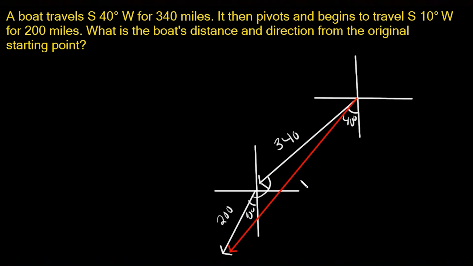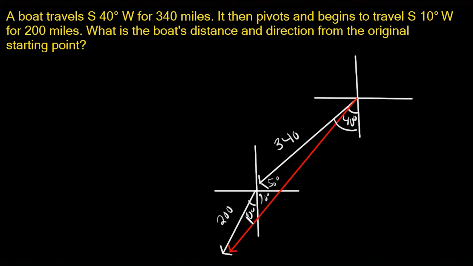Well, remember alternate interior angles. We know that this entire angle right here is 40 degrees. That means that this angle right here also has to be 40 degrees. And if that's 40 degrees, that means that this angle right here is going to be 50 degrees because it has to add up to 90, right? So I know that this right here is 50, this right here is going to be 90, and then I have the 10.